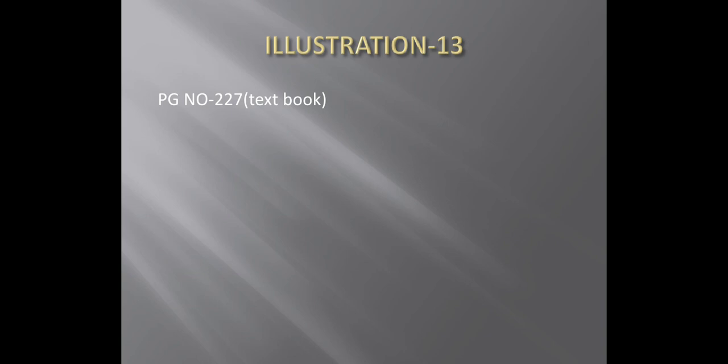So we are going to start with illustration 13 for today, which is given on page number 227 of your textbook. This is illustration 13, page number 227 of your textbook.